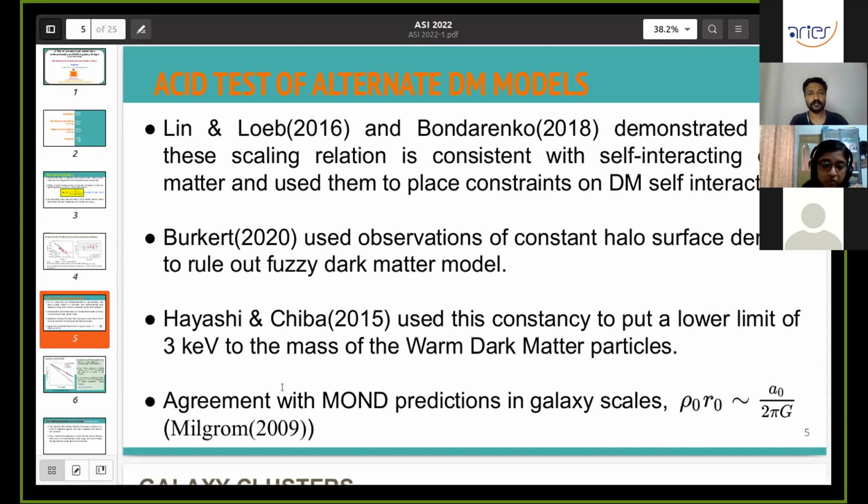Also, this scaling relation is in agreement with the MOND prediction, given rho naught times r naught is approximately the scale acceleration over 2 pi G. So these relations can be used as acid tests for alternate models of dark matter. This was one of the motivations why we were urged to test this relation in galaxy groups.